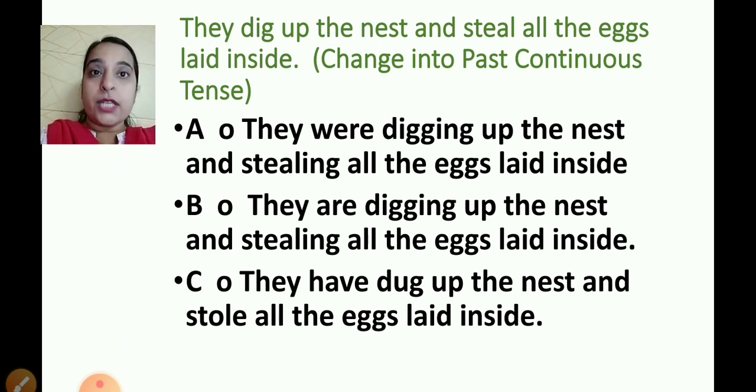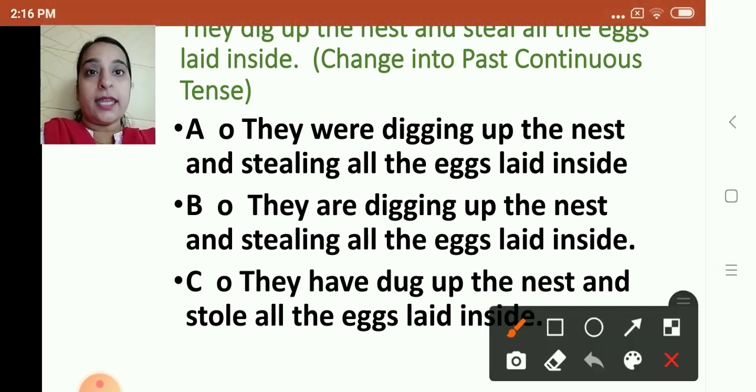So children, we have to change into past continuous. So here, children, they were digging up the nest and stealing all the eggs laid inside.